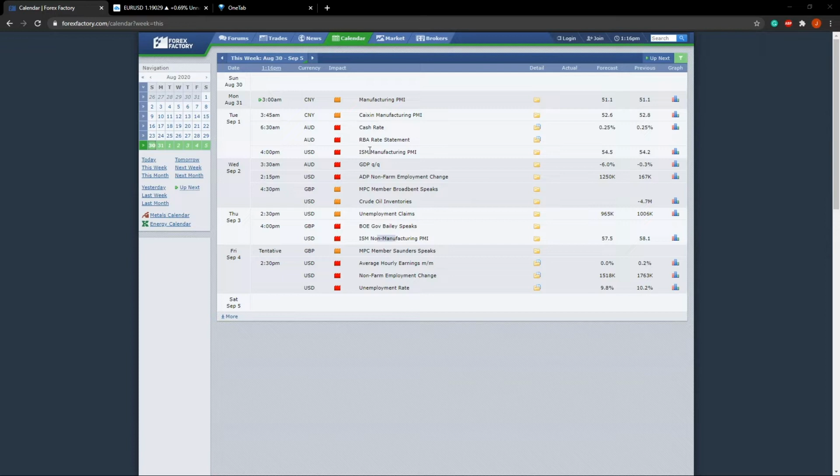Then just a brief look at the economic calendar for the week. Not a lot of events, but the few that are there are quite high impact. We can see that on Tuesday we have manufacturing PMIs. On Wednesday we have some GDP figures quarter to quarter, non-farm employment changes in the evening, followed by crude oil inventories.